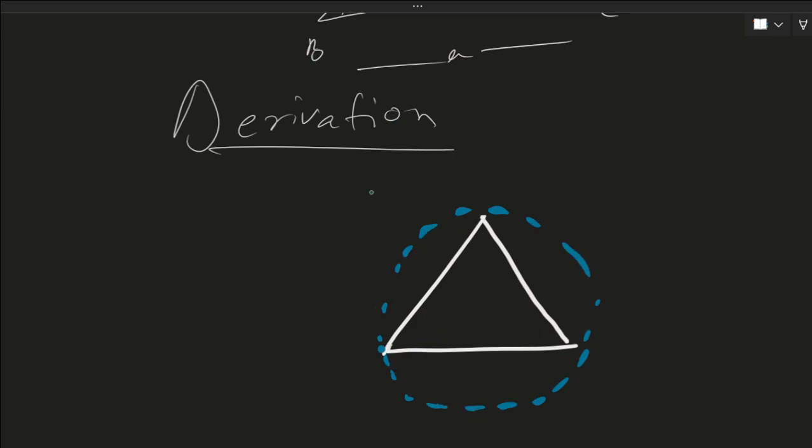That'll do. Now you mark its circumcenter, basically the center of the circle. Let's call the vertices A, B, C.